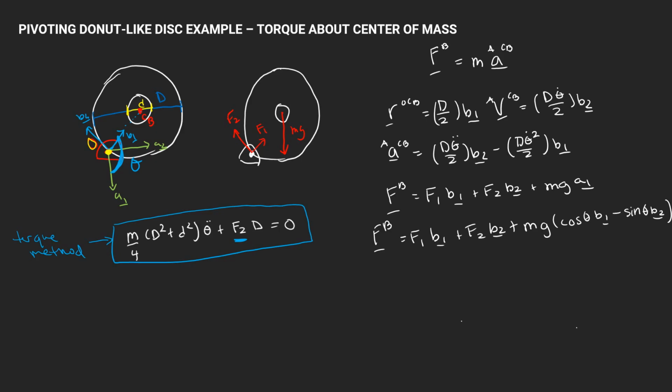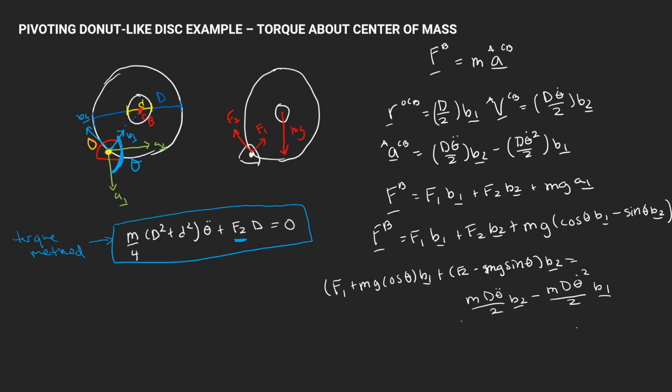So what we get, and I'm going to group the terms so that it's easier to see, is F1 plus mg cosine theta B1 plus F2 minus mg sine theta B2 is going to equal m d theta double dot over 2 B2 minus m d theta dot squared over 2 B1.